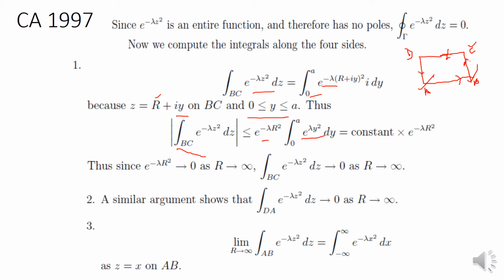The mod of i is 1, into another term, e to the power minus lambda 2iRy, whose mod also becomes 1. So we have this much, and this is a constant, and the term is the integral from 0 to a of e to the power lambda y square dy.